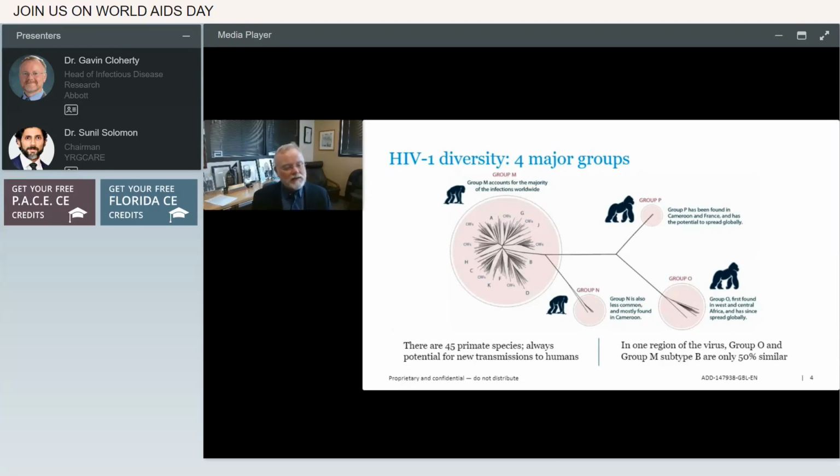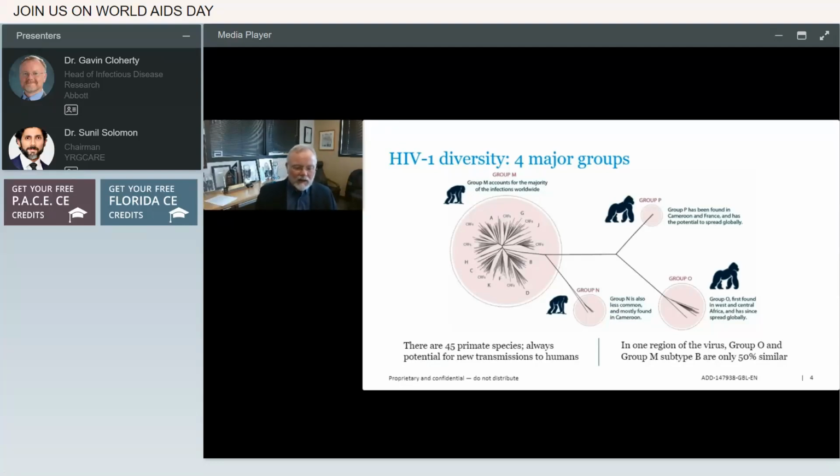HIV diversity is always front of mind when you're developing diagnostic tests. You see here in this graphic that there have been 4 zoonotic transmissions into the human population over time. On the left-hand side, the most common group M came from a zoonotic transmission from a chimpanzee, as did group N, whereas group P and O were transmitted via gorilla.